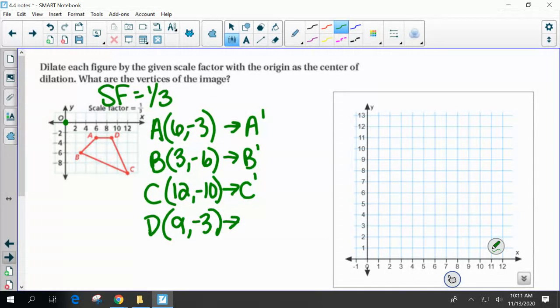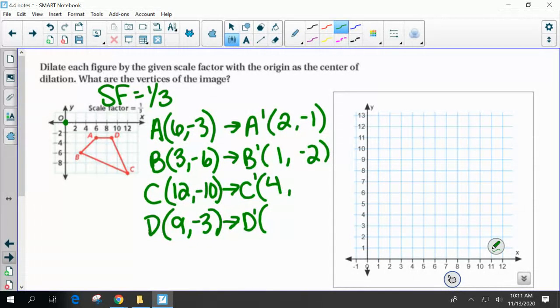Okay, so then let's look at the prime coordinates. We are doing a scale factor of 1/3. Most all of these are a multiple of 3, only one is not, so it should be easy to do. 1/3 of 6 is 2. 1/3 of -3 is -1. 1/3 of 3 is 1. 1/3 of -6 is -2. 1/3 of 12 is 4.